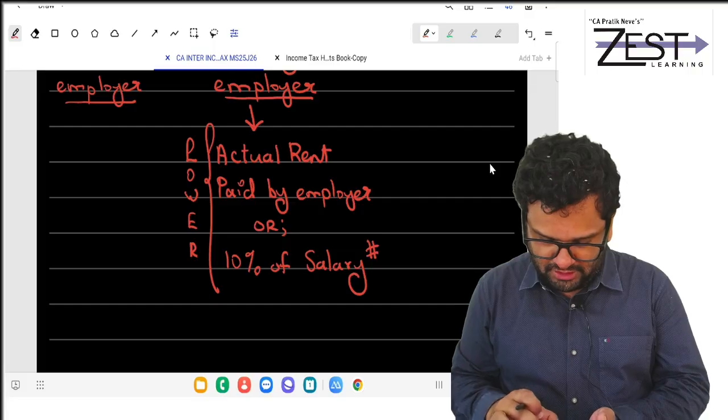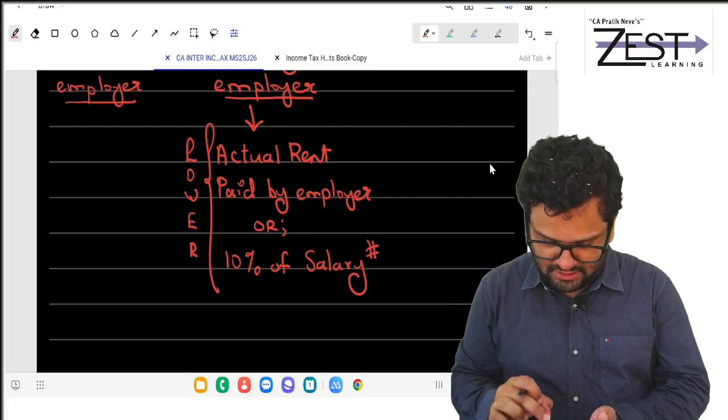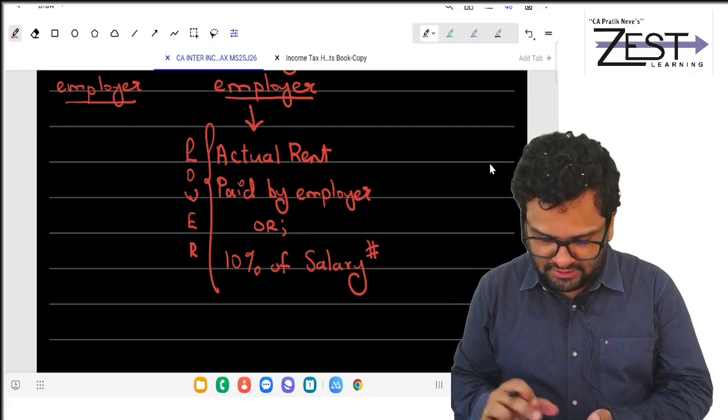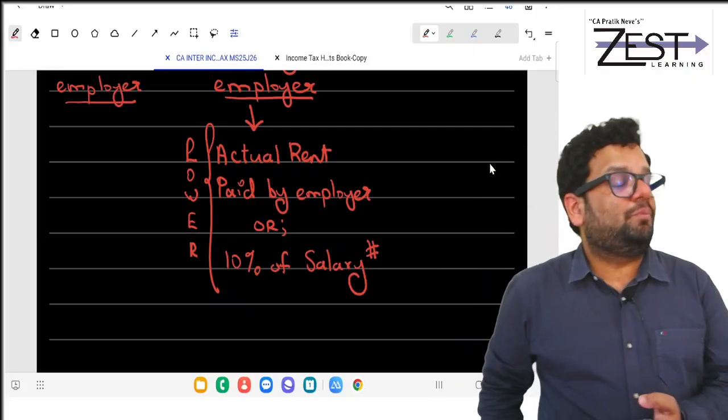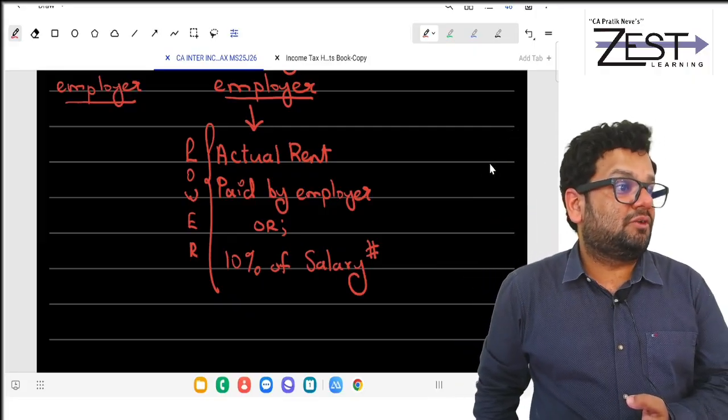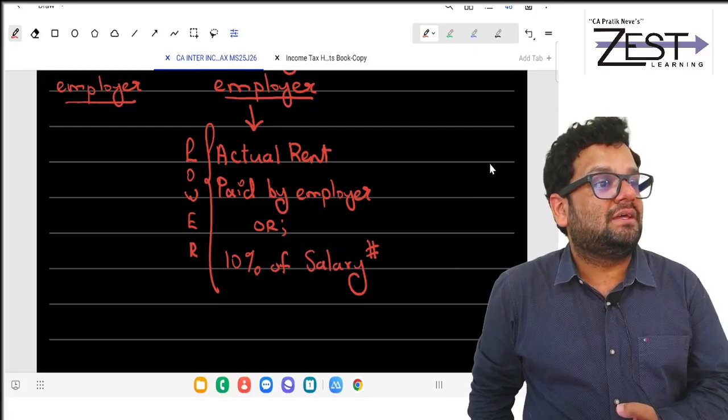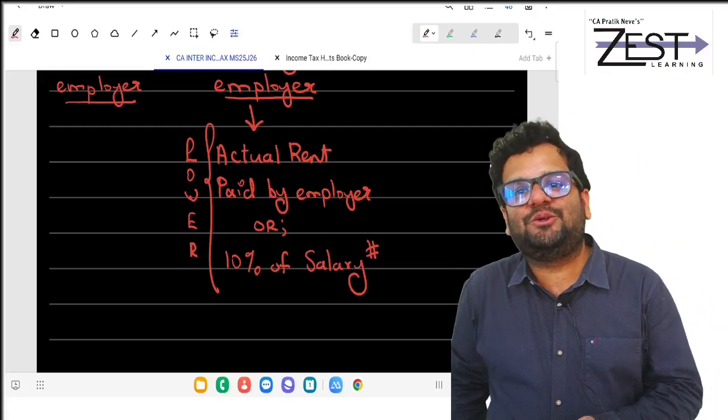You try to communicate with the law, then you will understand. The law says actual rent paid, because who paid rent? The employer. But for whose benefit? The employee. So let that be the value.